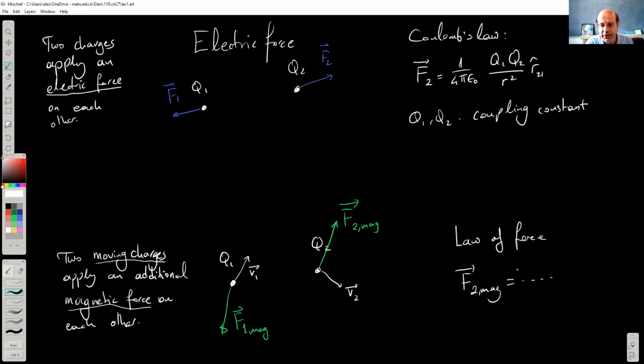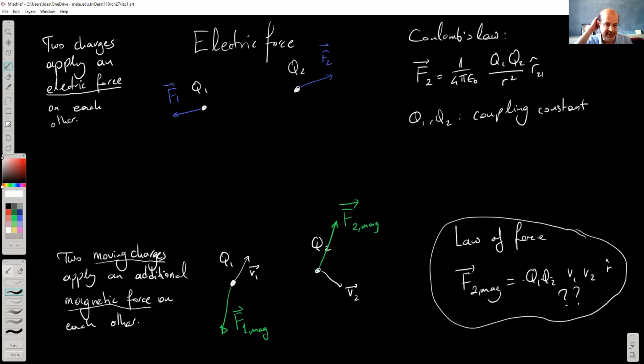The velocities should be in there, because if they are not moving, there won't be any force. And the distance between them should be in there, so the R unit vector and R should be in there. But you can easily see that this is a complicated expression. It's not as simple as Coulomb's law. So when we are teaching this subject, we don't usually write down an expression for the magnetic force between two moving charges. We don't.